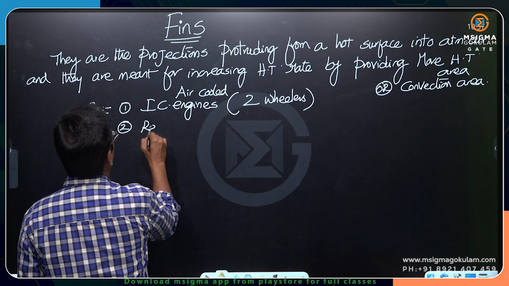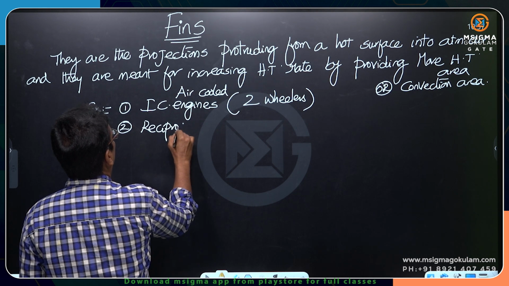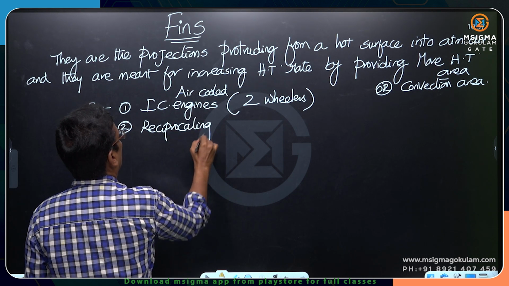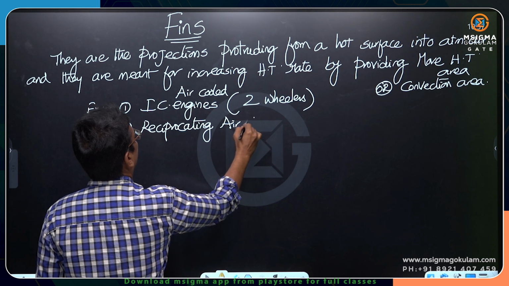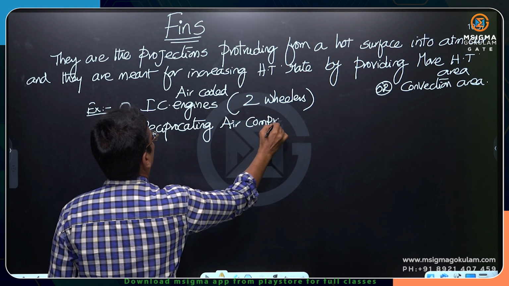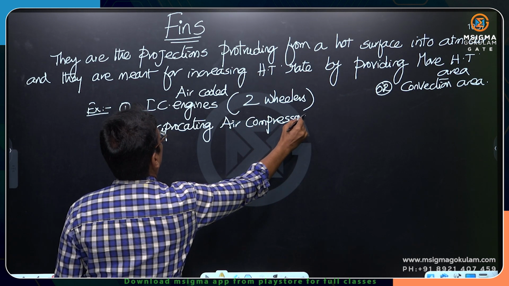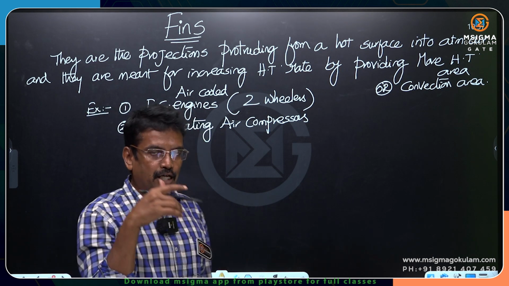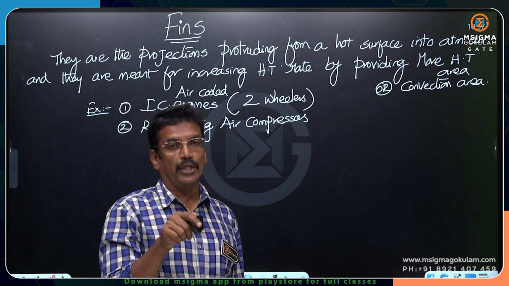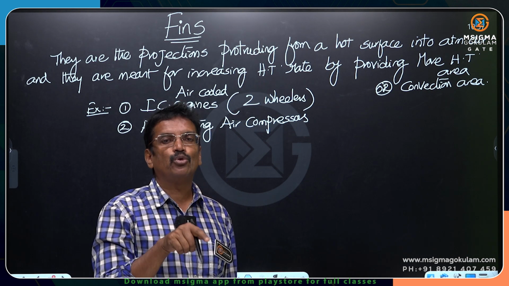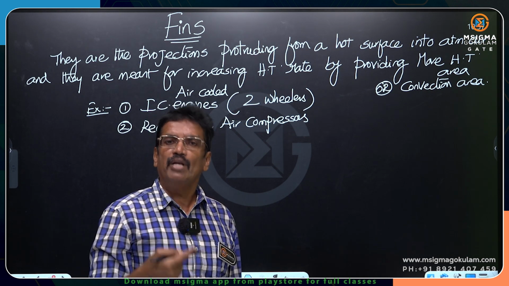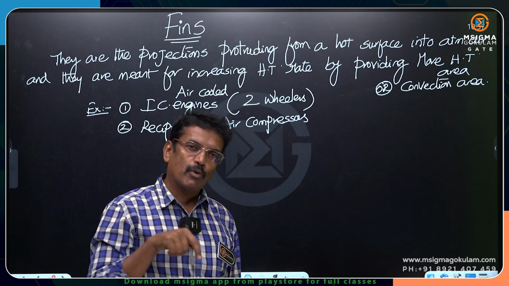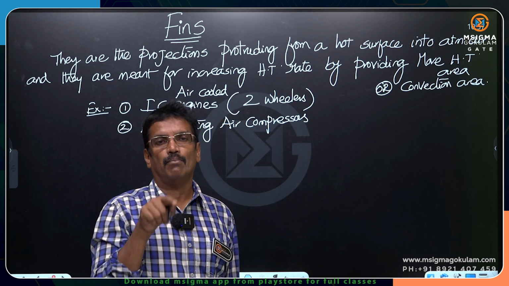Reciprocating air compressors, also called positive displacement type of compressors. Any compressor requires cooling. When you provide the cooling to the compressor, the work of compression will be lesser. That is why we provide the cooling to the compressor.